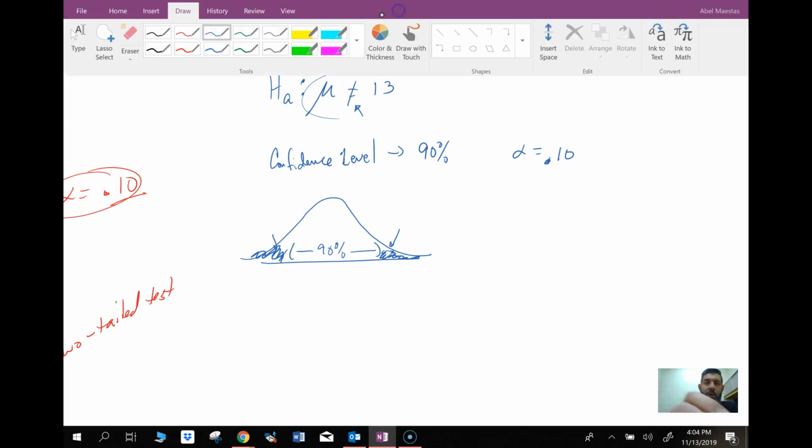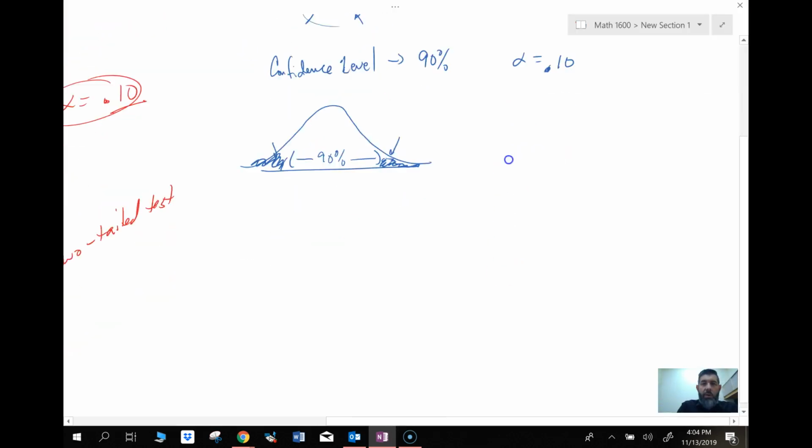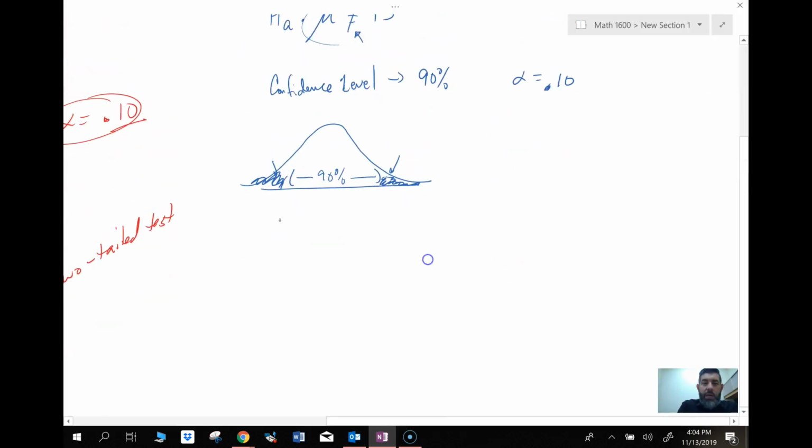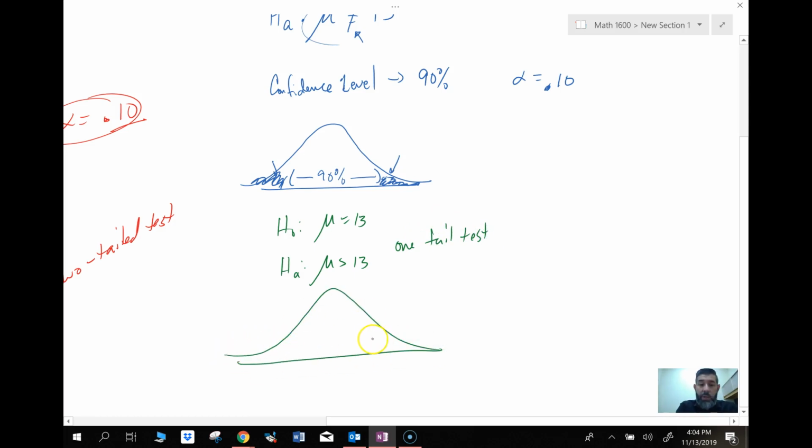However, if my null hypothesis was mu is less than or equal to 13, and my alternative hypothesis was mu greater than 13, now greater than 13 is a one-tailed test. This is a one-tail, upper tail test. So this picture is going to look like this. Let's say I have a 90% confidence level.